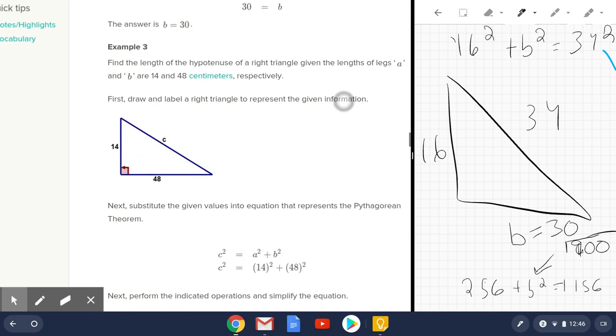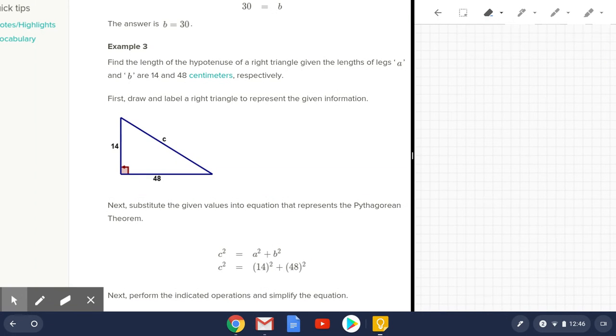Nice job. All right, let's look at example 3. I think that might be our last example. I think we're going to skip examples 4 and 5 today. There we go.